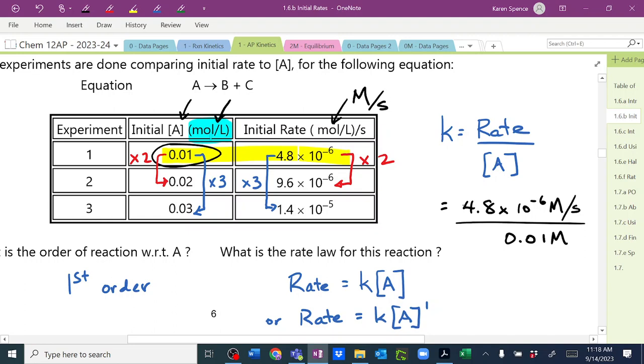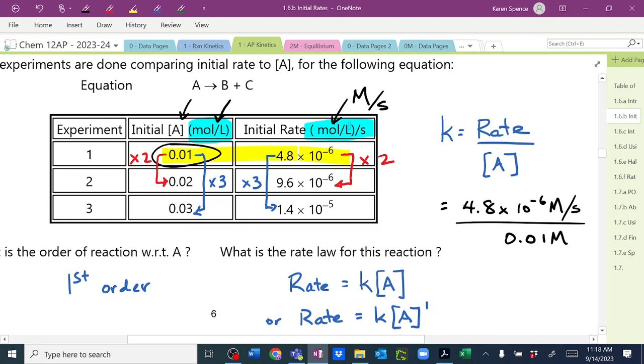You should know what the unit of concentration is, but you'll also be given the initial rate. Usually it's molar per second, but it could be molar per minute. If it was a gaseous system, you could have a pressure per minute, so it could be atmospheres per minute, okay? But that's just going to affect the unit of K.